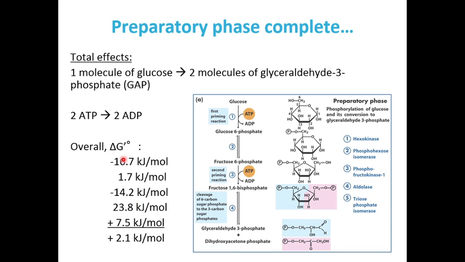Although the overall delta G0, or the standard free energy change, is 2.1 kilojoules per mole, the reaction going from step 5 to step 6 proceeds because the cell keeps the concentration of glyceraldehyde 3-phosphate low at all times, and hence the actual free energy change is negative.